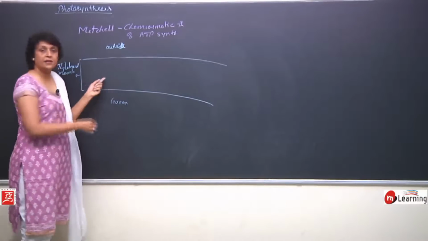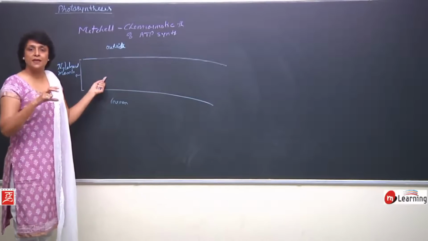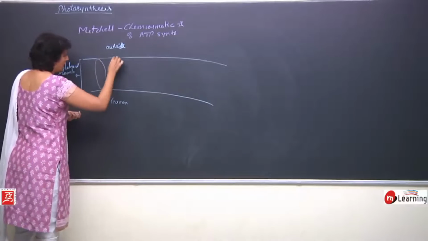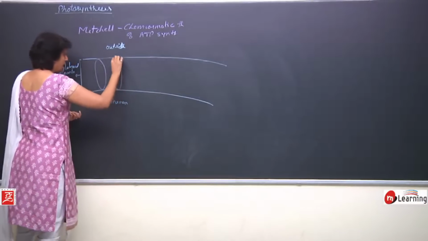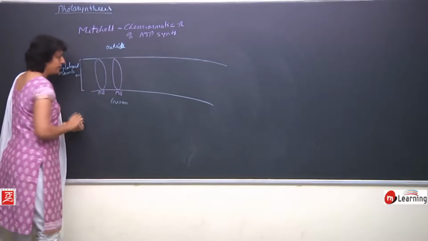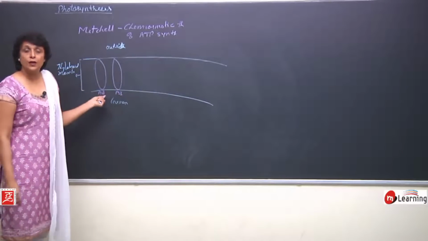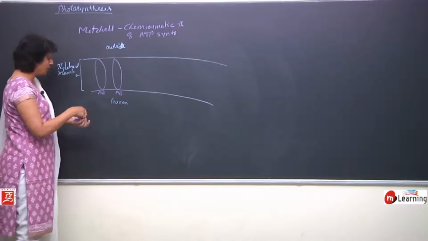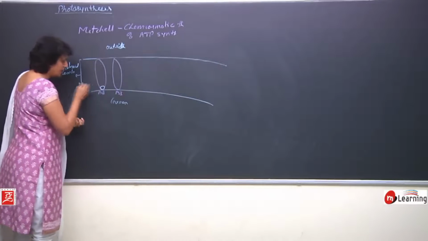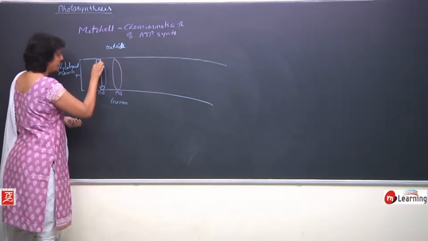Just a little explanation of what is happening in the thylakoid membrane. Light reaction takes place here because the membrane has the pigments. So, say this is PS2 and PS1. Here in this small area we are trying to represent what is happening during non-cyclic photophosphorylation. Now we will not write everything here, we will simply represent what happens. Here there is a reaction center chlorophyll, the electron jumps, it is taken by the primary electron acceptor.